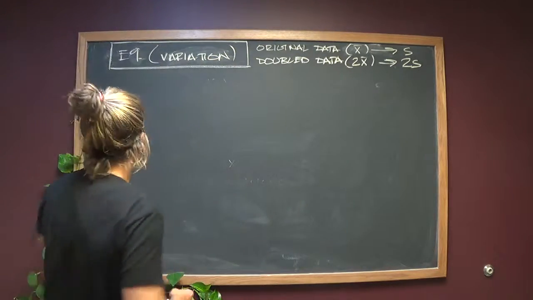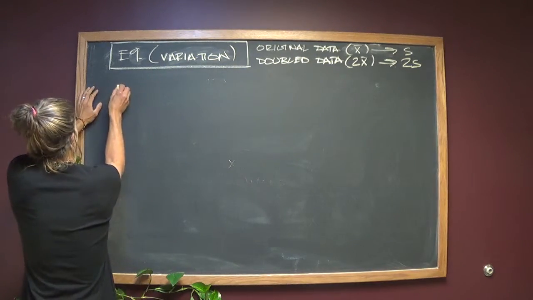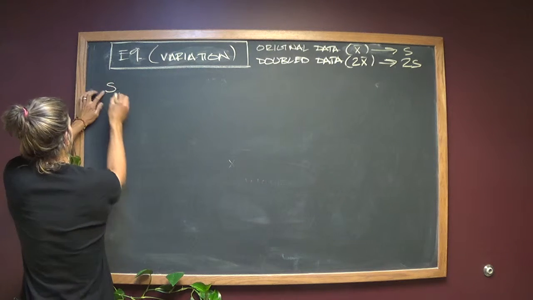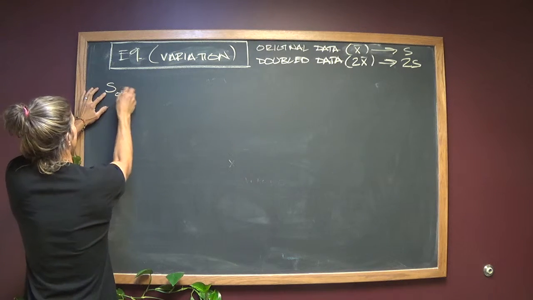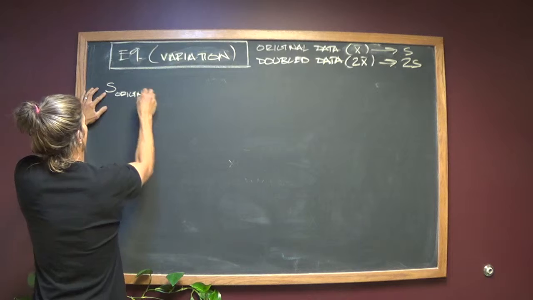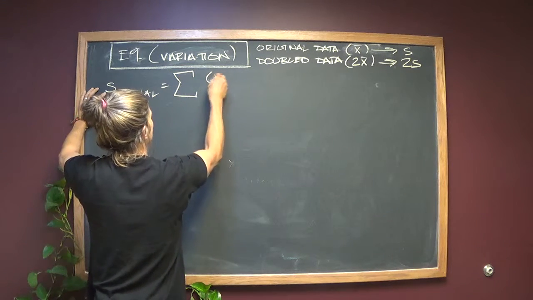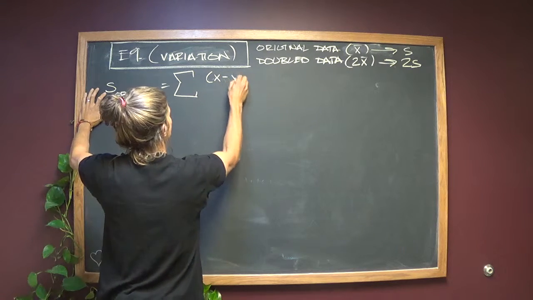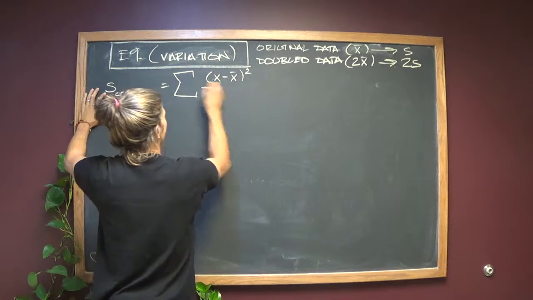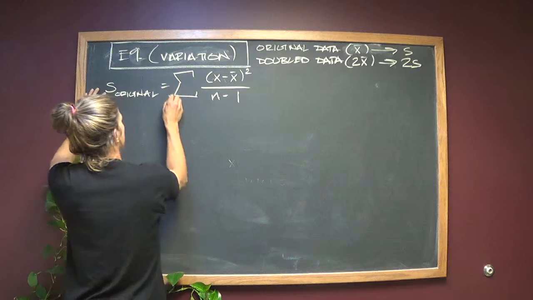So, if you remember the definition of standard deviation, this is the original data set. In general, it's going to be the sum of all of the squared deviations from average divided by n minus 1.